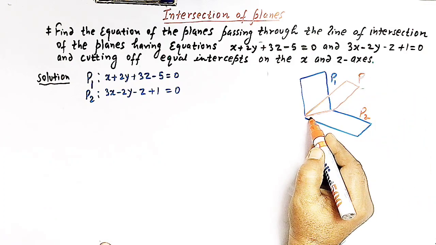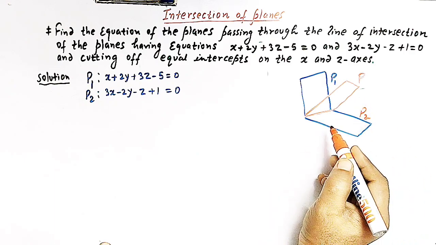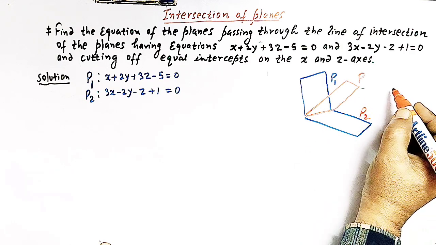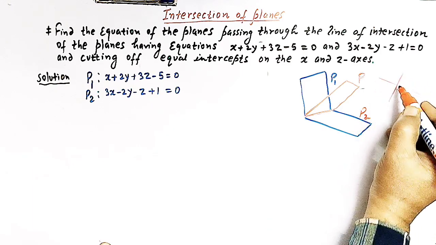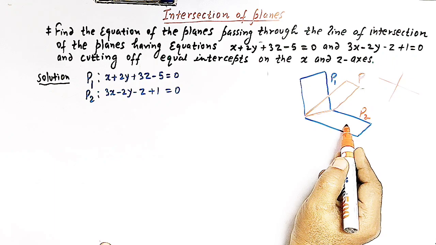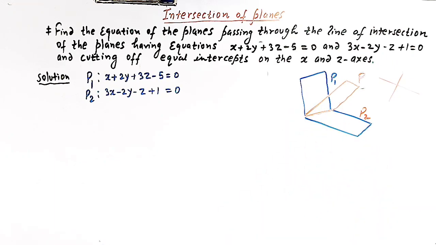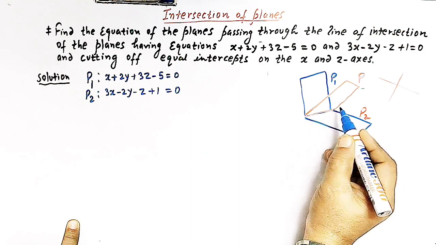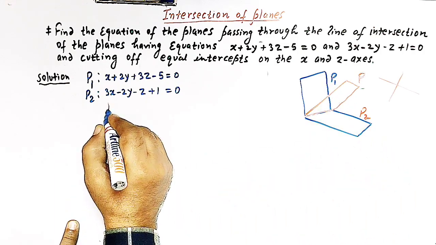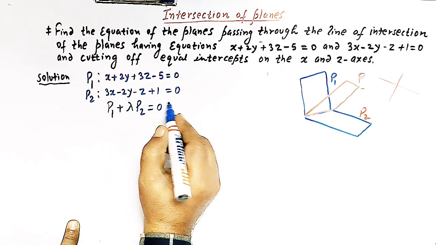So P passes through the line of intersection of planes P1 and P2, and always remember whenever two lines intersect, then the lines intersect at a point, right? But when two planes intersect, they always intersect in a line, right? So the equation of the plane P which passes through the line of intersection of plane P1 and P2 is given by P1 plus lambda P2 is equal to 0.